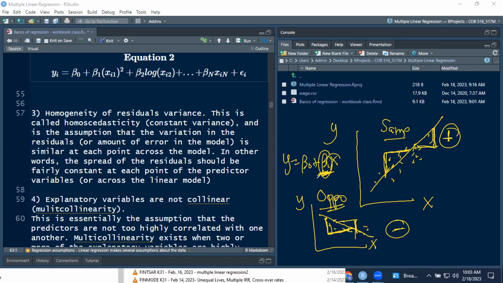Okay, beta 1 will now tell us for every 1 unit increase in x, there's a corresponding beta units increase in y, ceteris paribus. Okay, Robbie, did that explain your question?